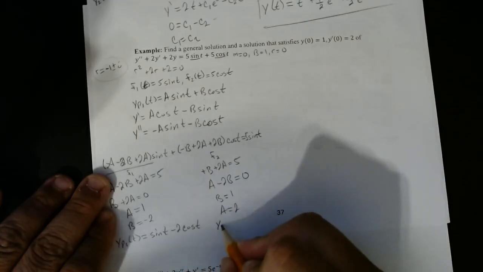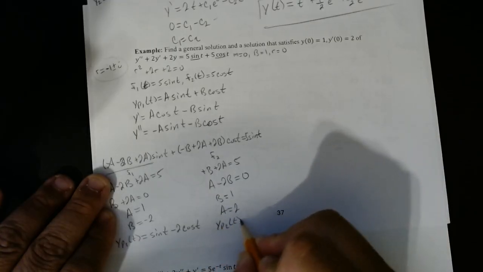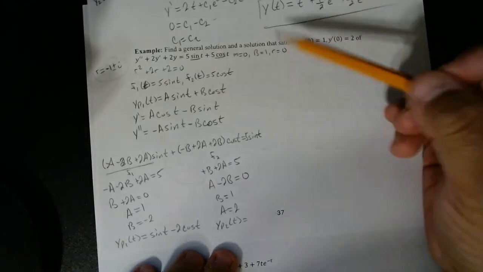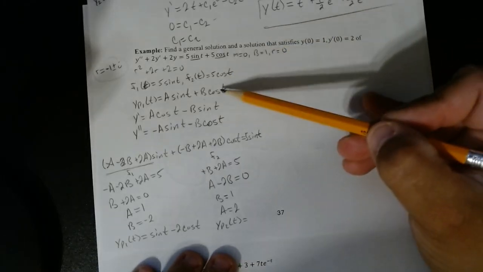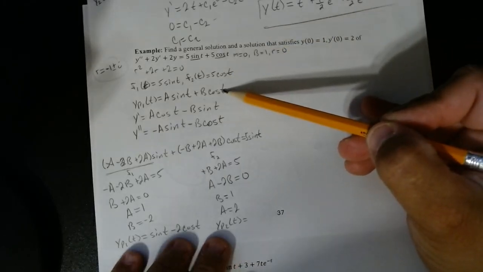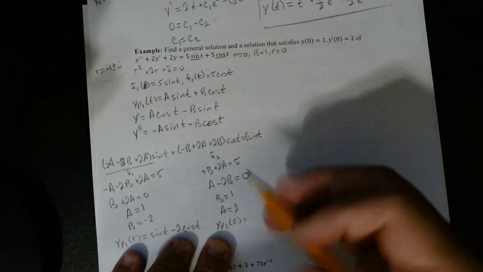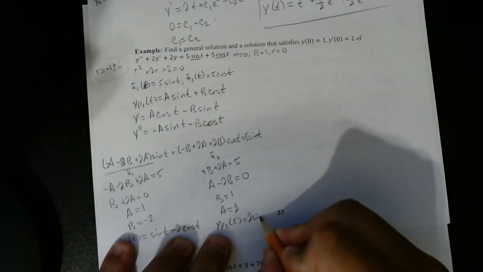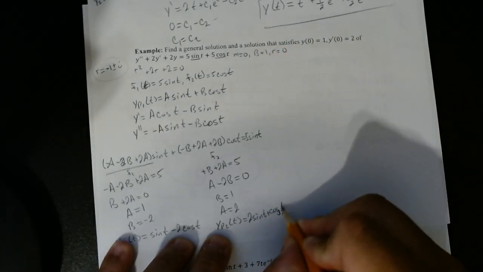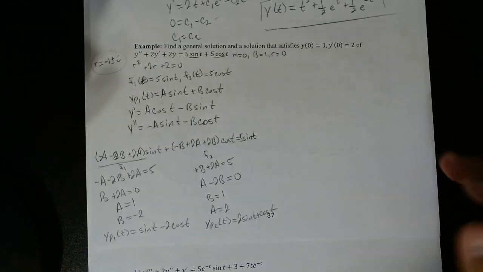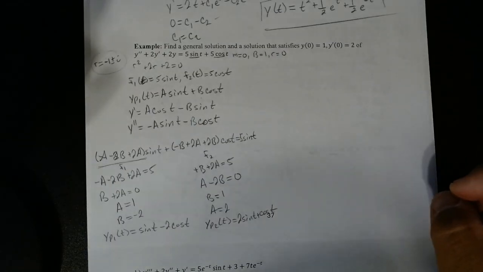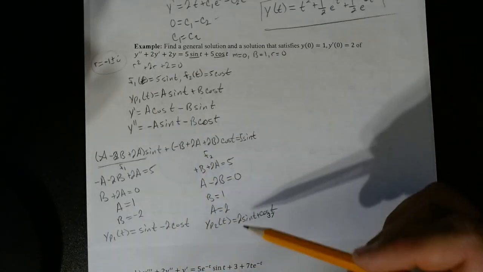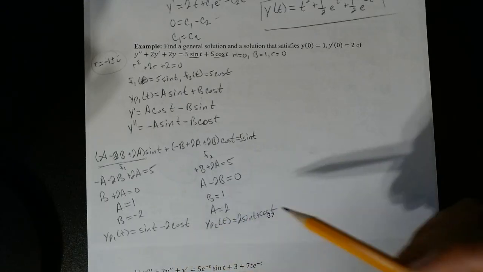And over here, which is the same process, a is going to be 2, this is going to be 1. All right, so that's for our particular solution, and I'll see how we're going to do that in a little bit, but that's for our particular solution.